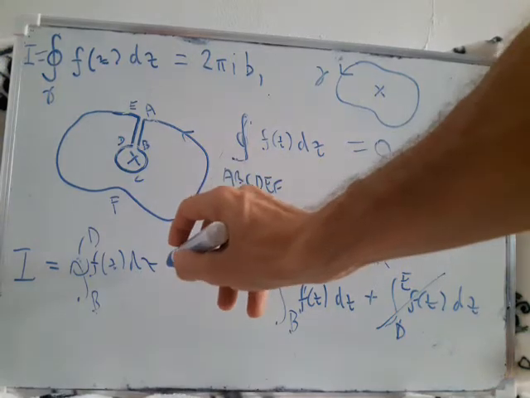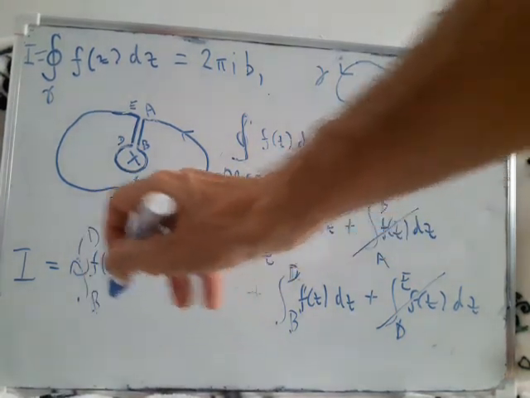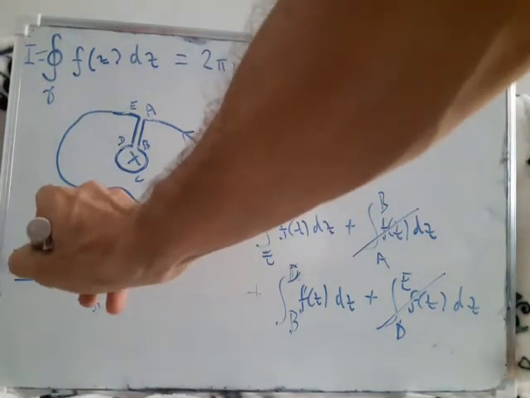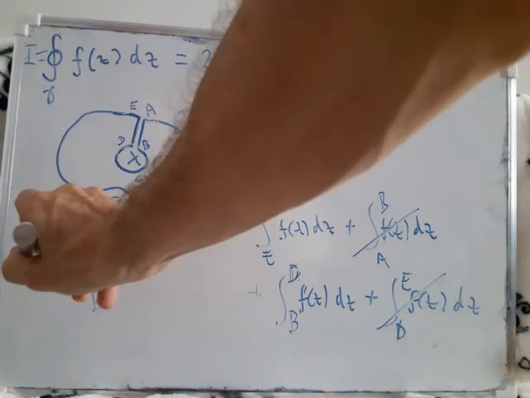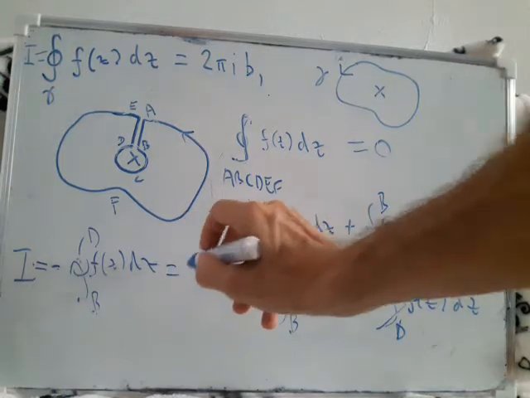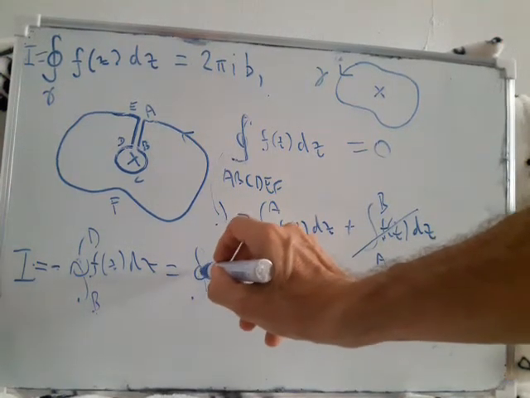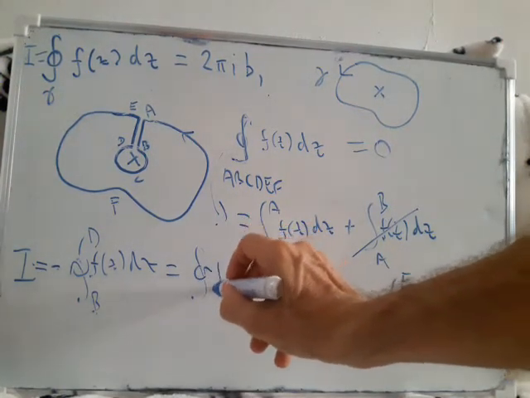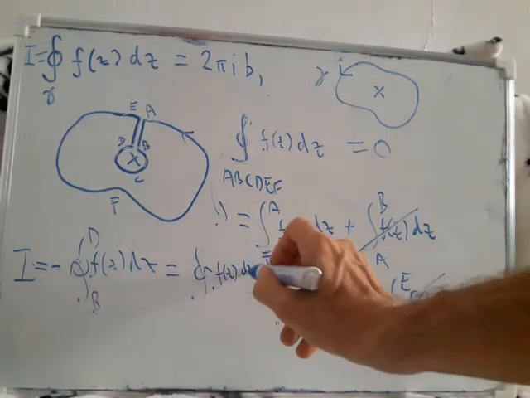Normally we do things anti-clockwise. This is equal to minus the clockwise integral, which means it's equal to plus the anti-clockwise integral, which is the normal direction.